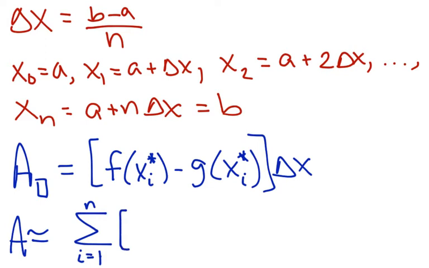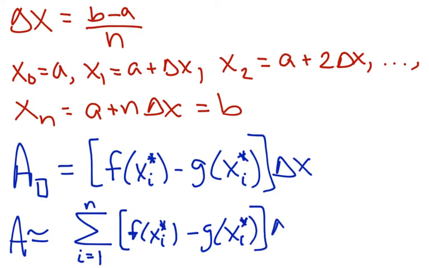So it's just going to be f of x sub i star minus g of x sub i star delta x. And so there is an approximation to the actual area.